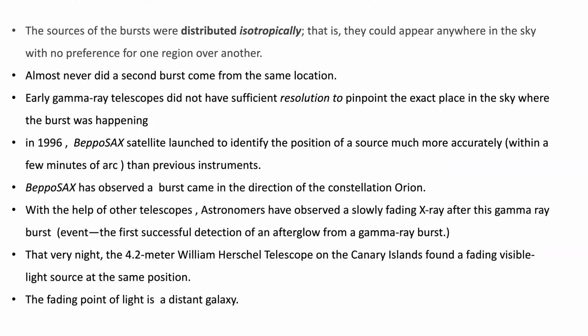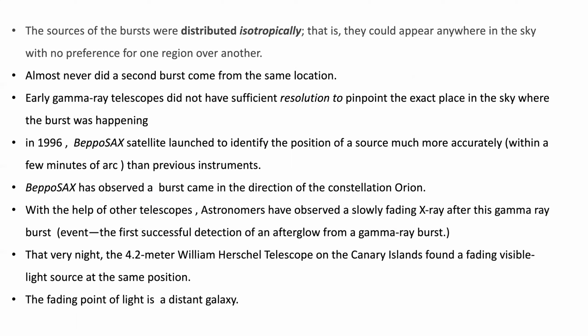Now, even though we have detected these gamma ray bursts at that time, we did not know where the sources are. The only thing that we can see is the sources seem to be distributed isotropically, which means they could appear anywhere in the sky with no preference for one region over another.